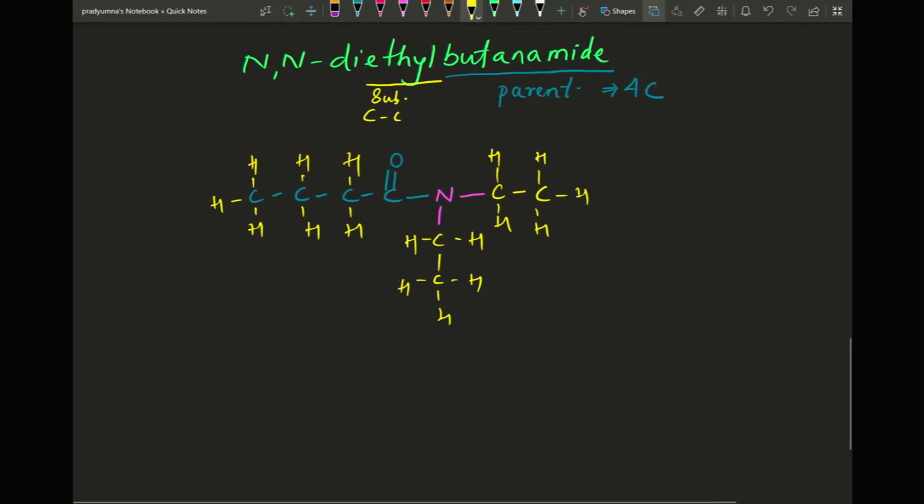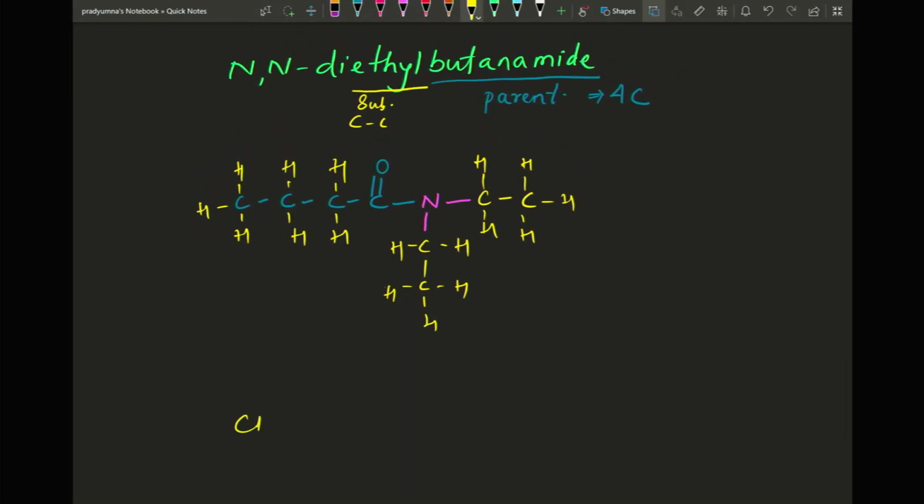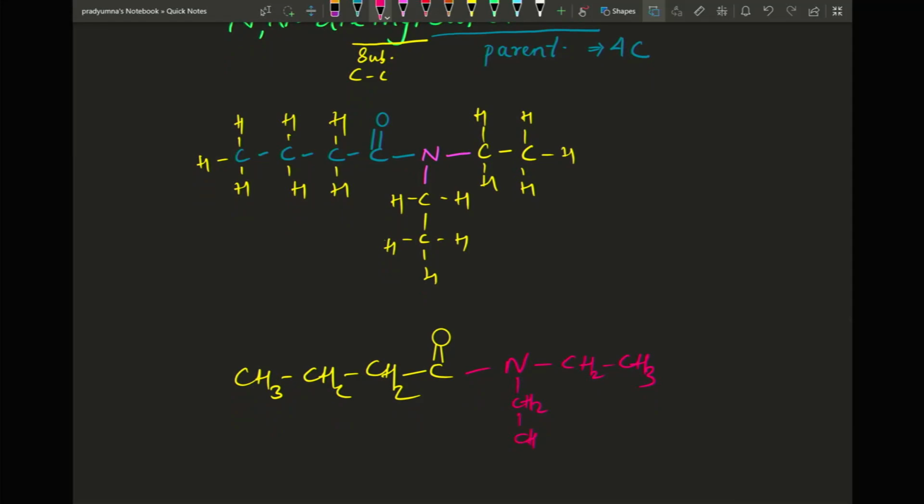If you're asked to draw the condensed structure, you can do this: CH3, CH2, CH2, CO. This is the portion that came from the carboxylic acid. And the amine part is going to come from CH2, CH3, CH2, CH3, right?